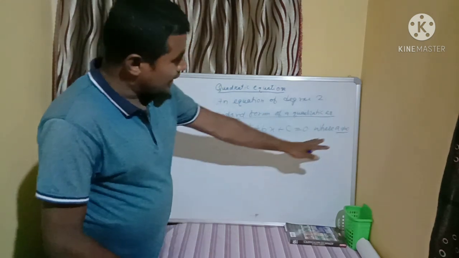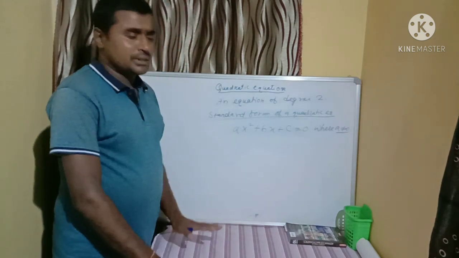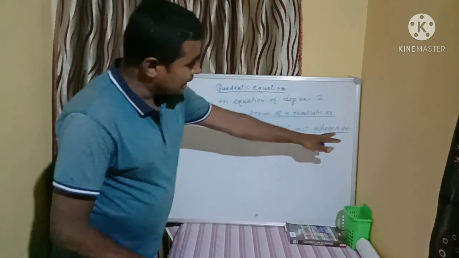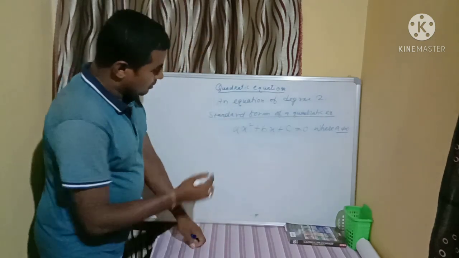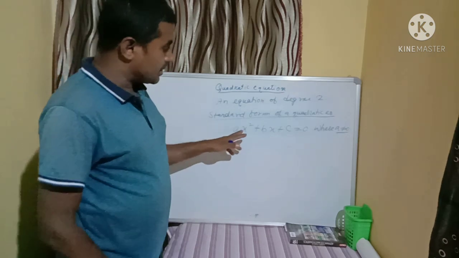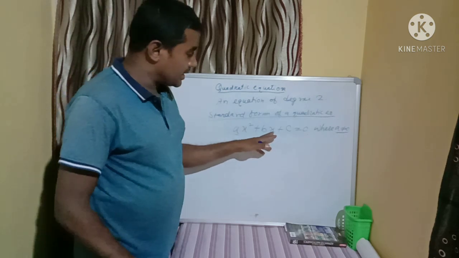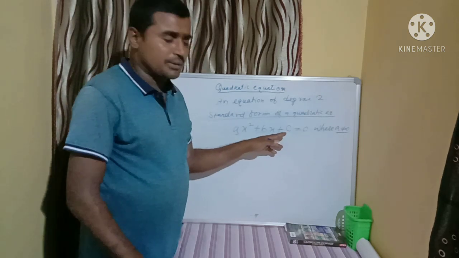Now see why a cannot be 0, and whether b or c can be 0 or not. First, why a cannot be 0. Here a is the coefficient of x square. Similarly, b is the coefficient of x and c is the constant term.